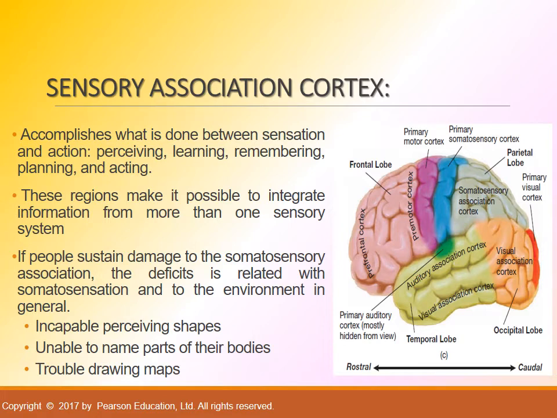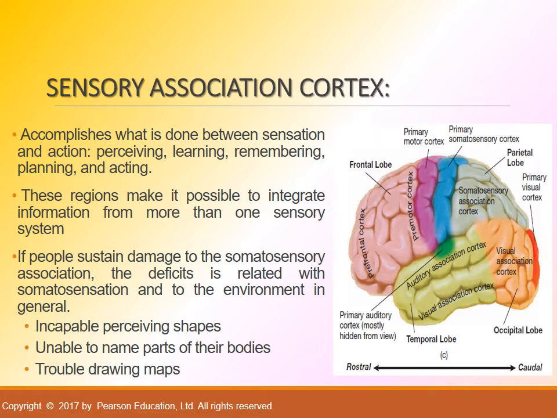They may have difficulty perceiving the shape of an object that they can touch but cannot see, and they may have difficulty naming parts of their bodies. So this deficit involving somatosensation might include the incapability of perceiving shape, being unable to name parts of the body, and also trouble in drawing maps.